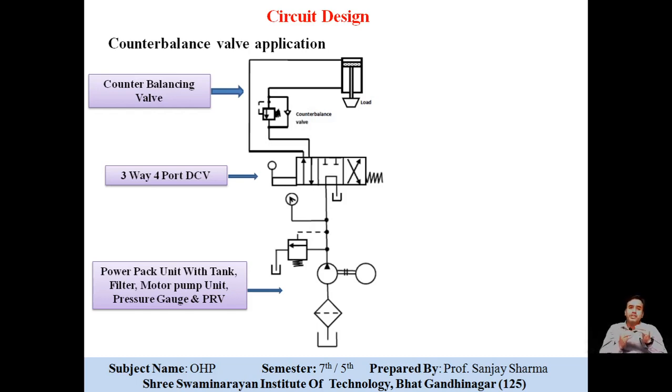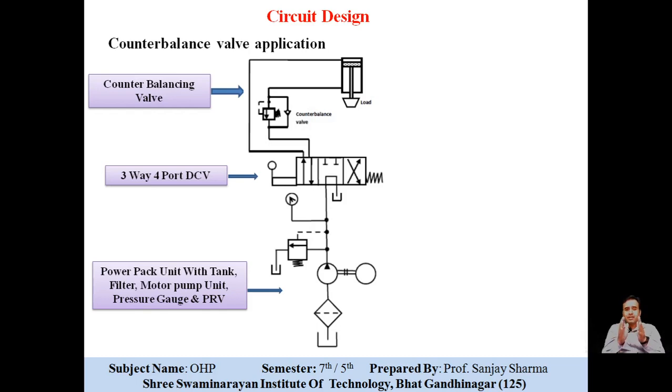So during the retracting stroke or vertical upward lifting stroke, it becomes very important. The pressure which is required is higher than when it is moving downward along the gravity. So this is the second position, and the third is the position of suspension.